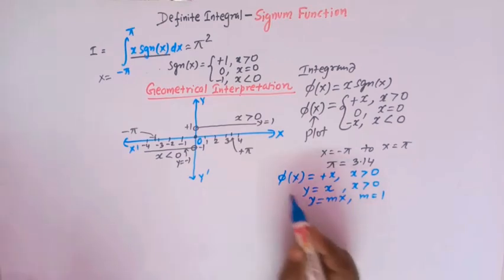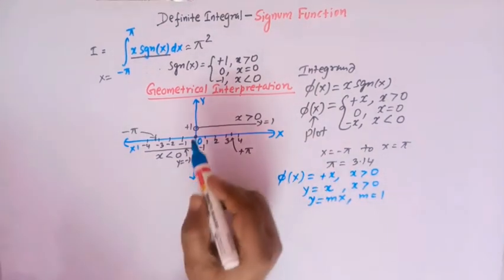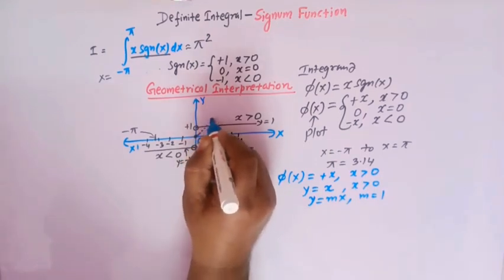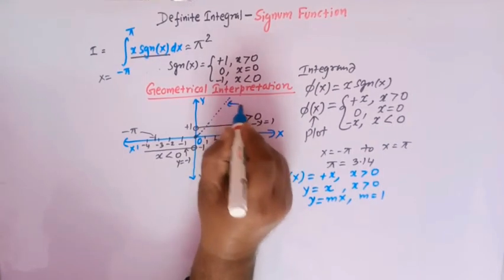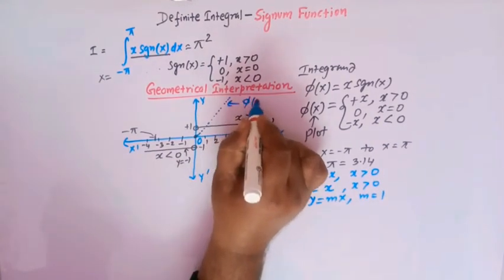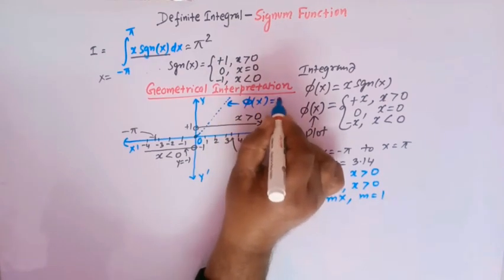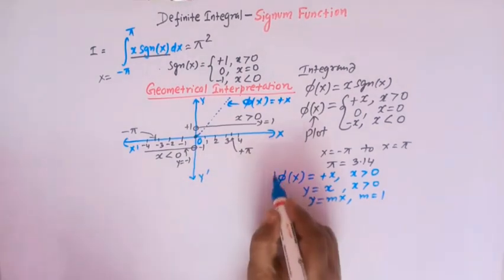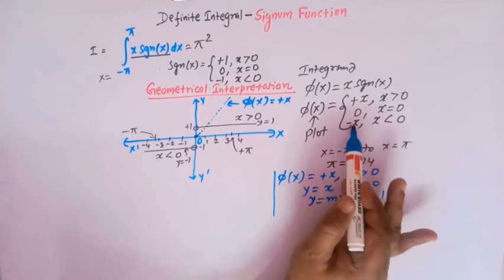So phi of x is equal to positive x. This is a line which goes like this, right? So this is the line phi of x is equal to plus x.